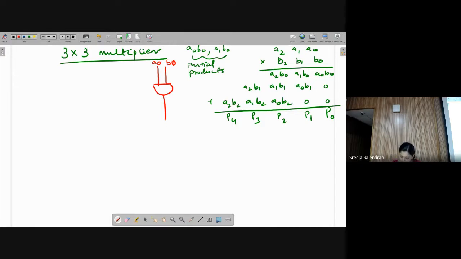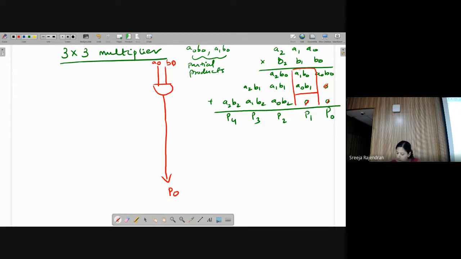So directly I get P0. Now look at this stage of addition. I don't even need to write the zeros because I know there is nothing I have to do there. Now, in this stage, will there be any carry coming in from P0? No carry will come in. Why? Because it's just an AND operation. There is no addition happening there, so there is no carry coming in.